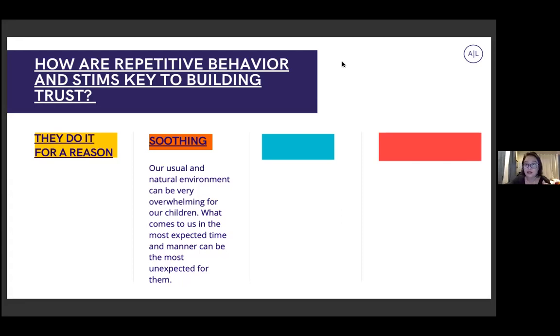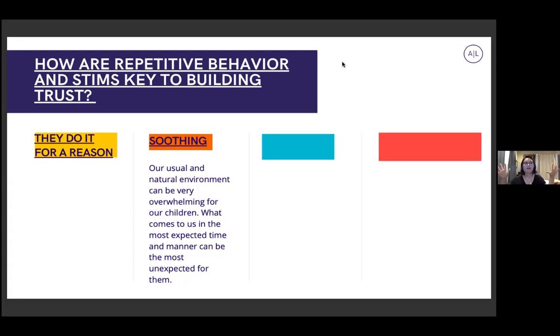One way you could also help your children during self-stimulating behavior is to actually join them in the behavior. Why? It's because it gives them a sense of predictability around them. They can predict what's going to happen because they see you joining them in the activity. Let's say it's hand flapping.